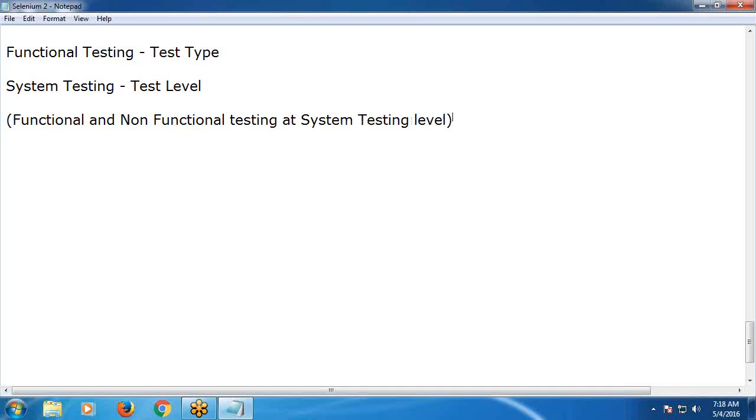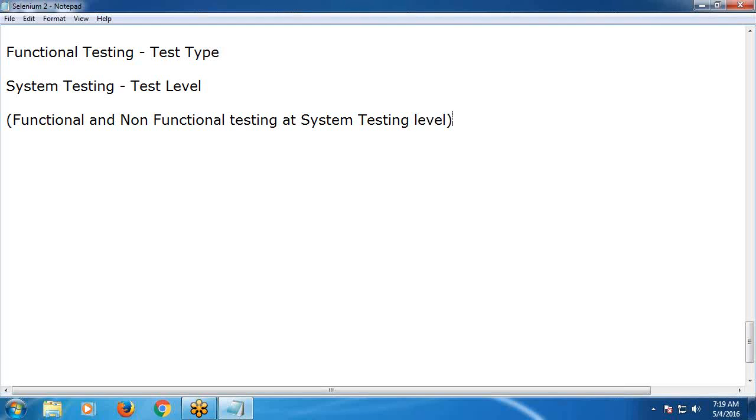We are independent testers. We conduct testing at system testing level. Basically we have 4 levels of testing. It is out of syllabus. Unit testing, integration testing, next system testing, last one acceptance testing. At unit testing, developers are testers.